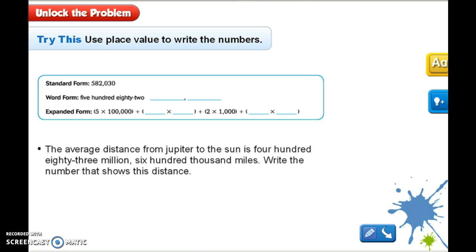What's going to go after the 582? 1,000. So you should be writing 1,000 in there. And then what is the last part? 30.